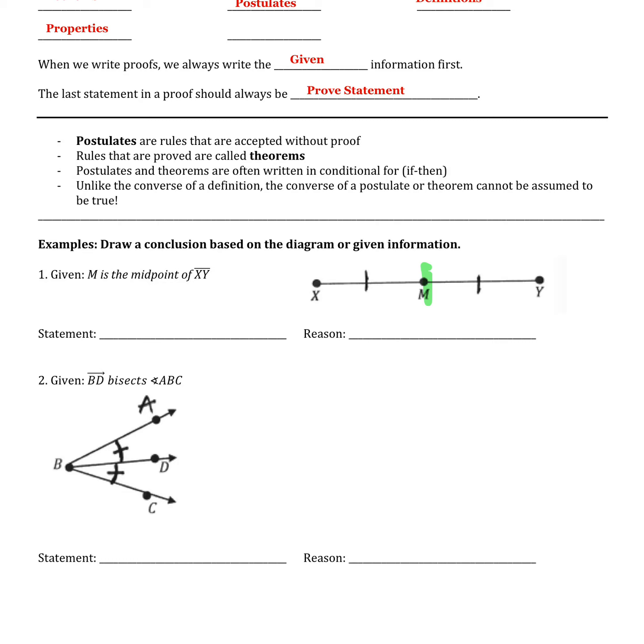So because M is our midpoint, the next logical conclusion would be that segment XM is congruent to segment MY, because a midpoint bisects our segment, making those two congruent. And that would be the definition of midpoint.